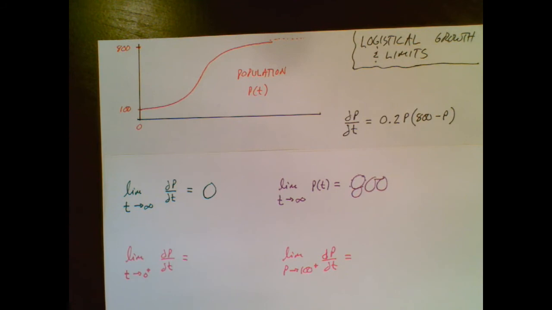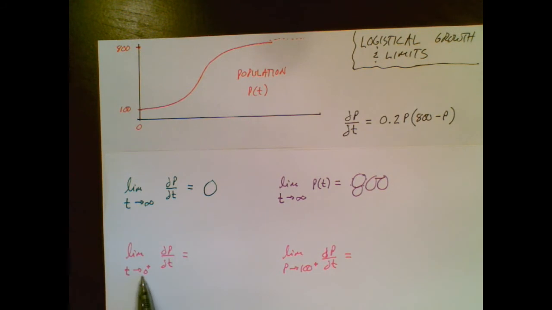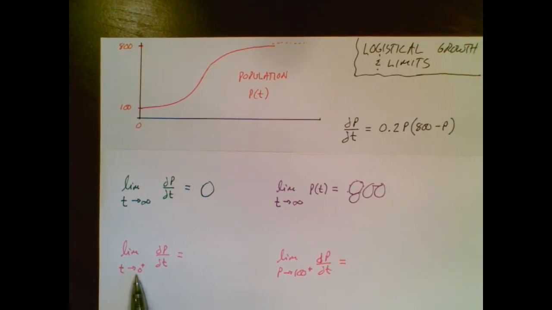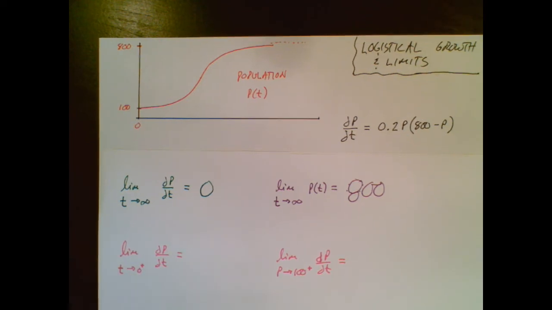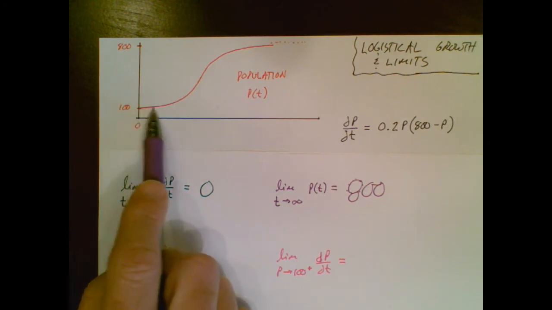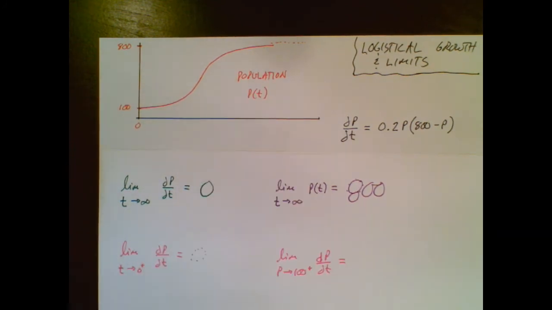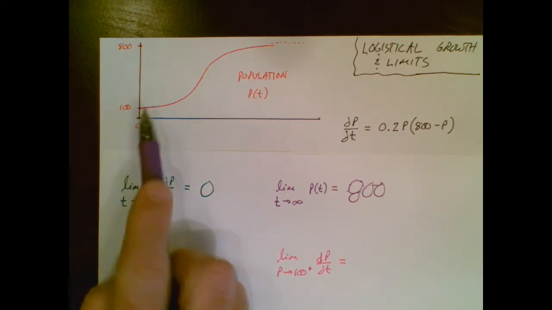Let's look at a couple more. As t approaches 0 from the right, because you can't approach 0 from the left realistically, as t approaches 0 from the right, what is my growth rate? So this is a good one to think about because your instinct is going to be to write a 0. Because we've always casually drawn these graphs, you kind of assume that this slope and this slope is always going to match up. But that's not always the case.